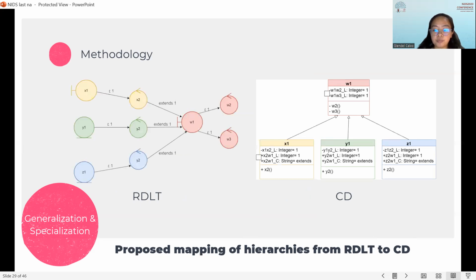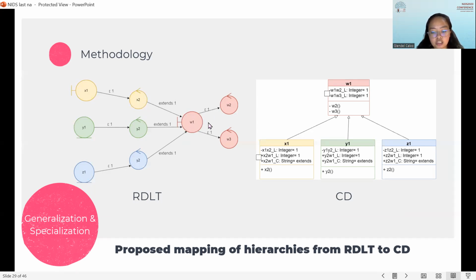And this figure here is a representation of both generalization and specialization in RDLT. The vertices X1, Y1, and Z1 are the children or specializations of vertex W1. All of these children have access to the parent W1 and all its own controllers. Hence, the flow of the arc is from left to right.